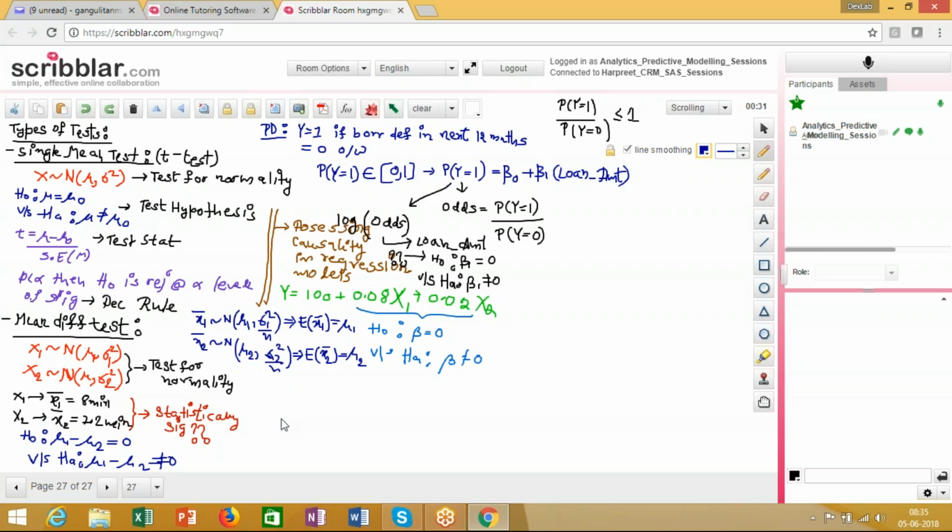Now from here we compute the test statistic. We know the general structure of the t-test statistic.